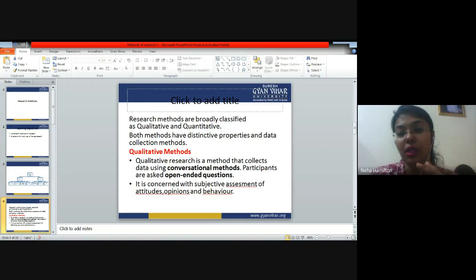Now there are two types of questions that you need to understand. The first are open-ended questions, and the second are closed-ended questions. Open-ended questions are questions in which we are not restricting the respondent; we are giving them a lot of space and scope to answer.